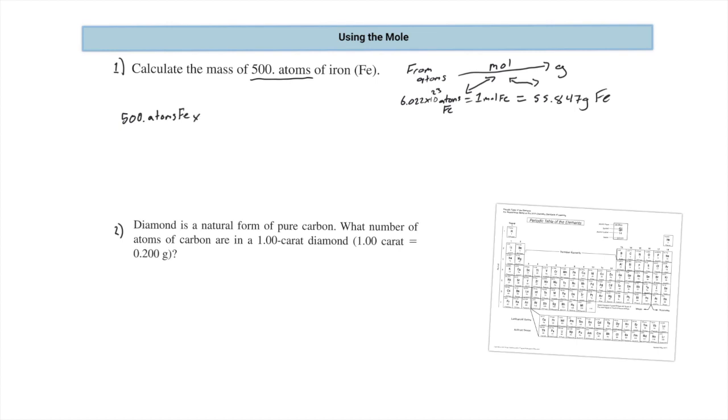If that is our unit, that must go on the bottom. We look at our conversion factors, find where we have atoms of iron, write the number there. 6.022 times 10 to the 23rd goes here. That's going to equal 1 mole of iron. That goes on top, that means.